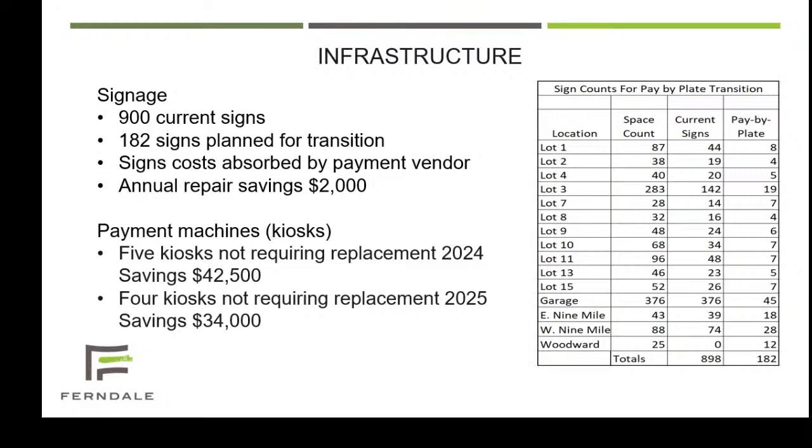They've been in the system since we started, and I've submitted a CIP request to start the process for replacing those kiosks. But transitioning to this system, we believe, helps us not to need to replace as many as we would have had if we don't transition to this system.